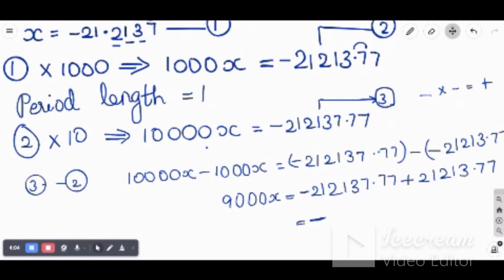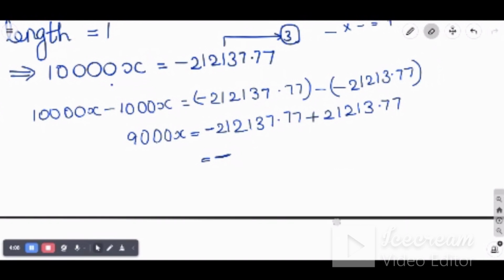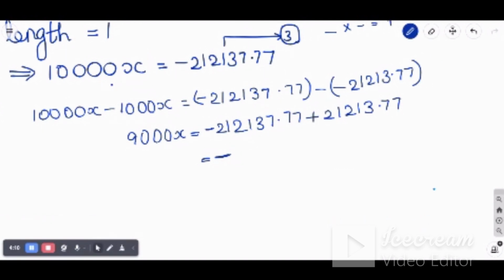Now what we have to do is subtract these two numbers. Let us subtract these two numbers slowly and clearly. I am writing the first number 21213.77.